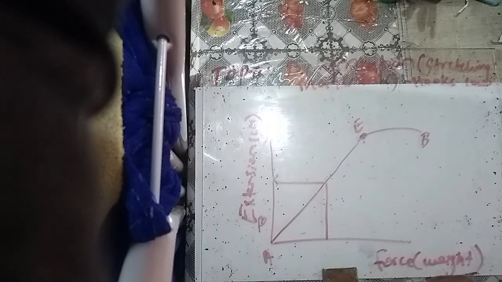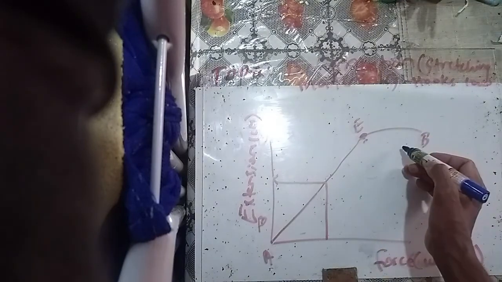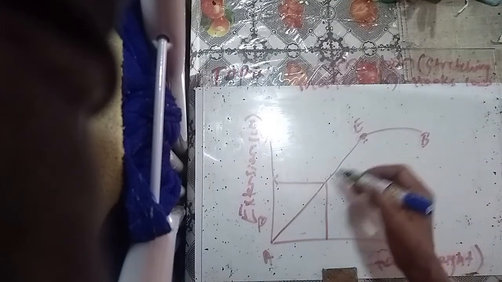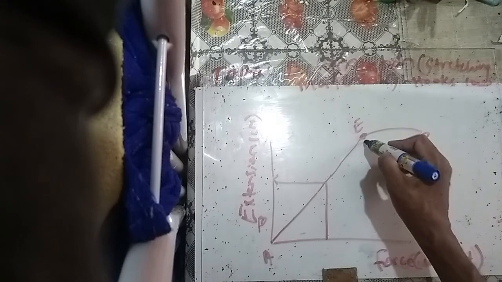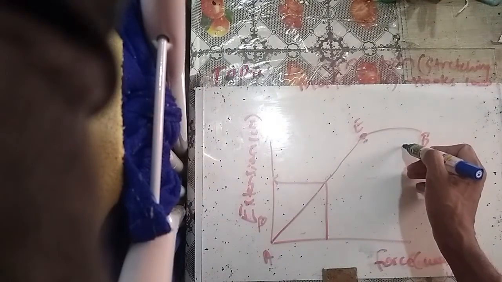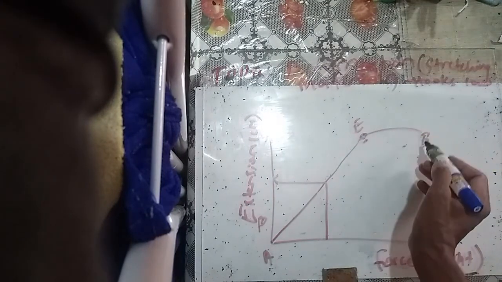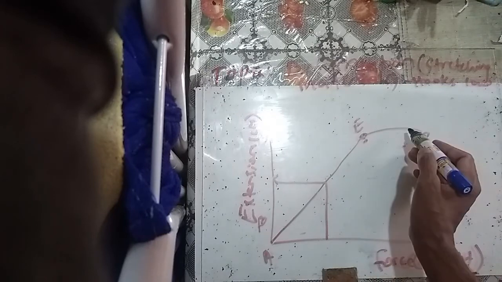But you see, from E to B, if you continue stretching from E and reach B, everything along that line, that curvature, where the line starts to curve, that is where the elastic limit is surpassed.